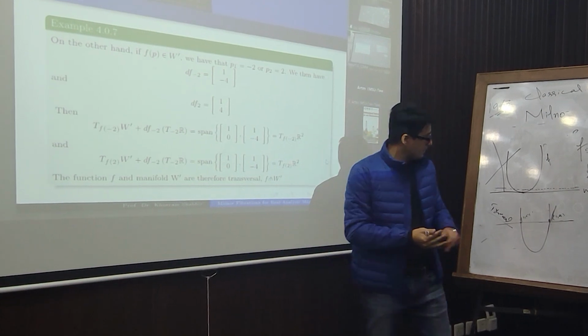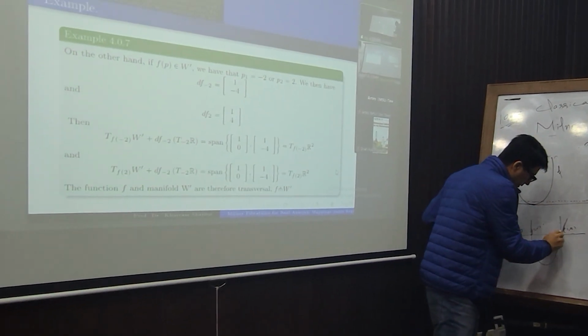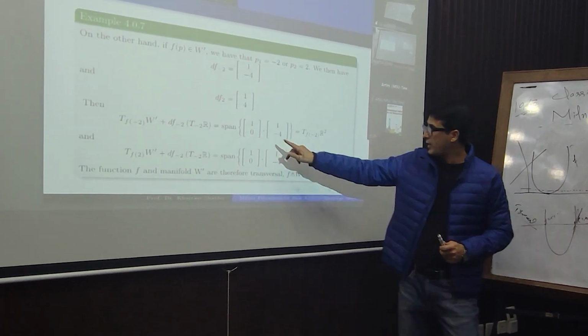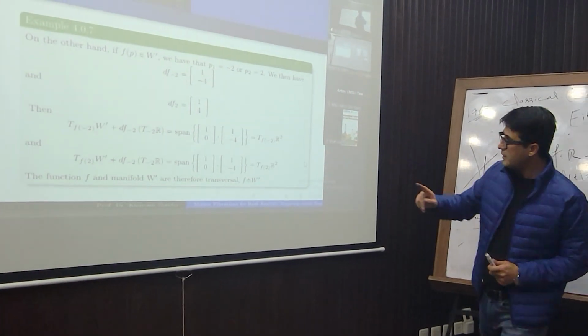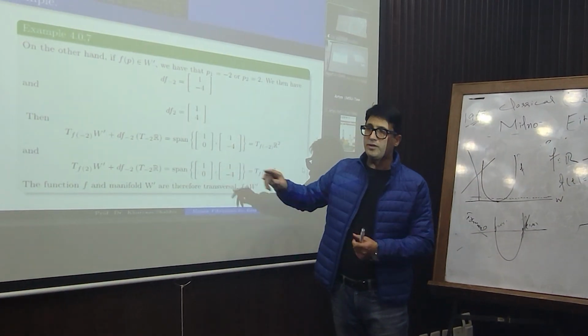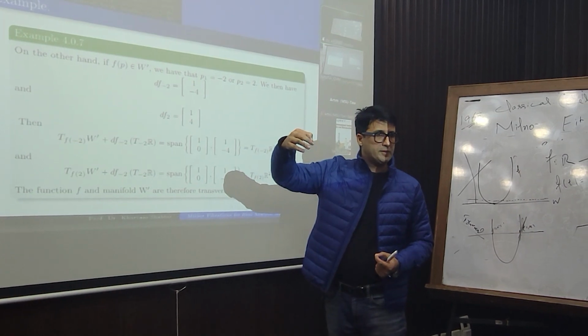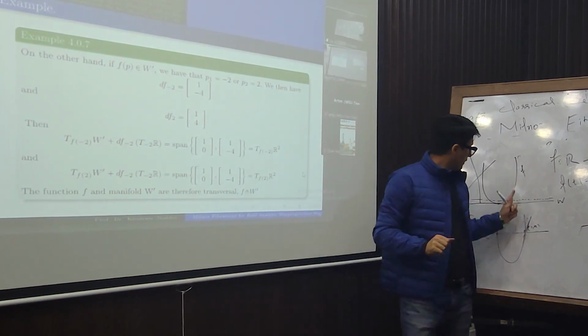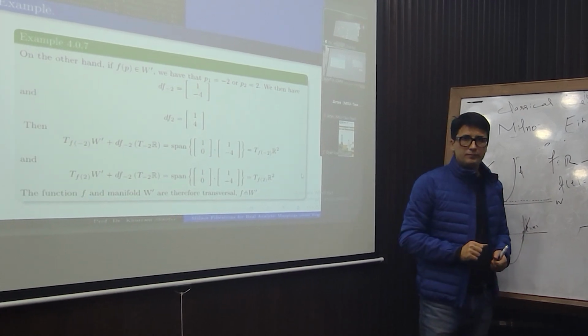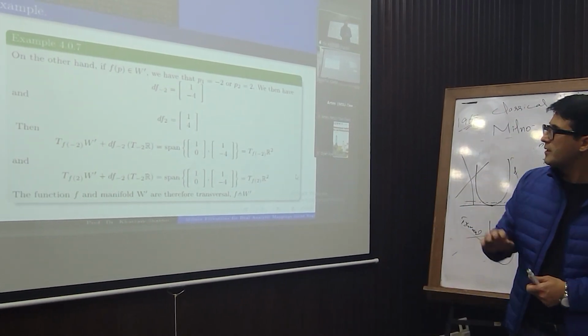So these two vectors are tangent vectors locally here. And these two vectors are linearly independent. Since they are linearly independent, they generate the vector space of R squared. So that means that this intersection is transversal. Right? So this is the meaning of transversality, roughly speaking.